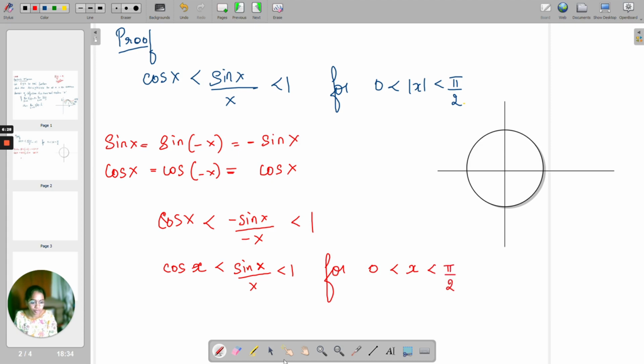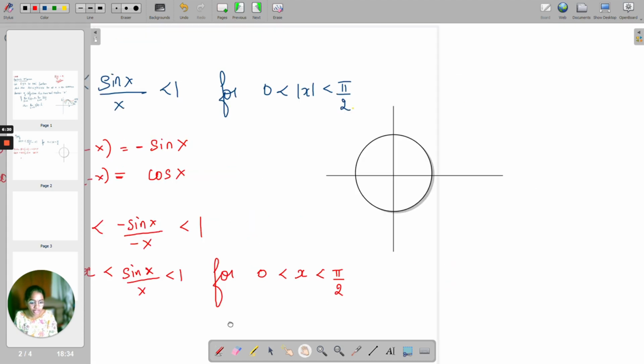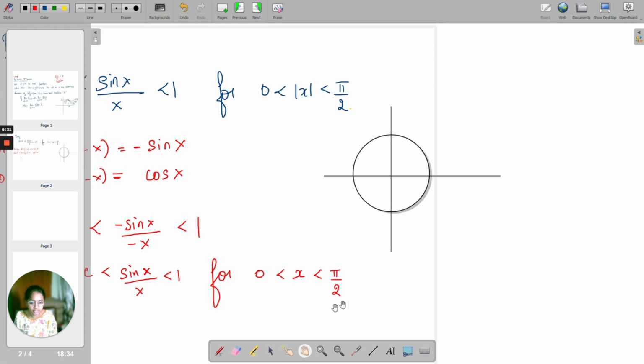What do you mean by this? 0 less than x less than pi by 2 is this part of the circle on the x and y plane. It ranges from 0 to pi by 2, right?